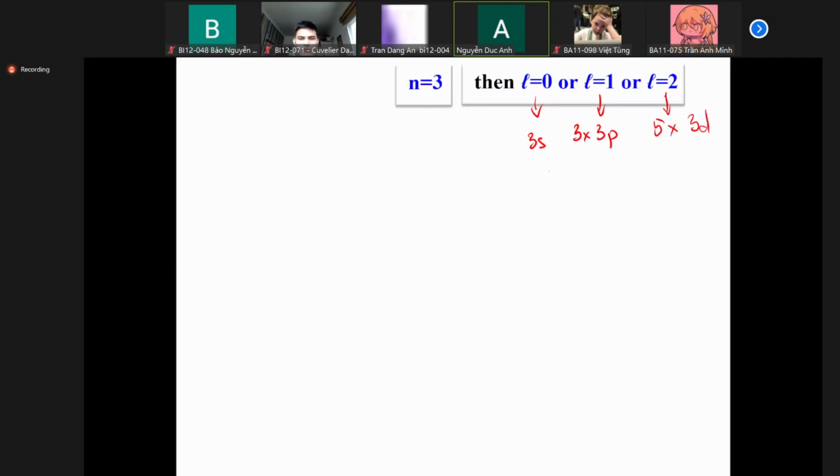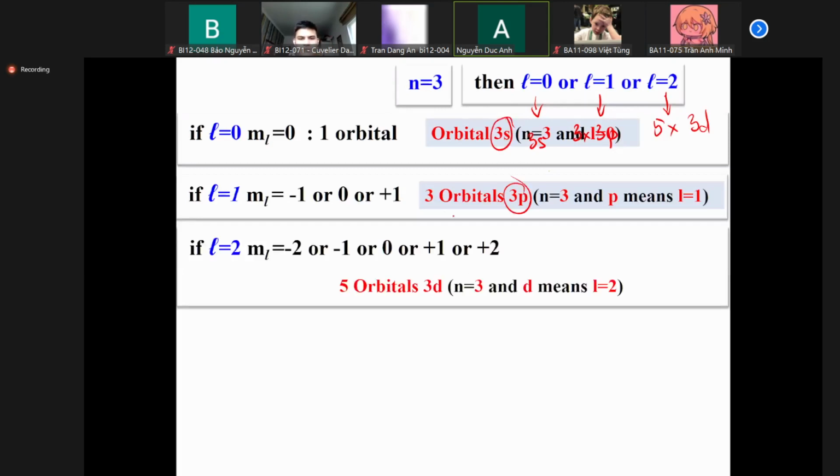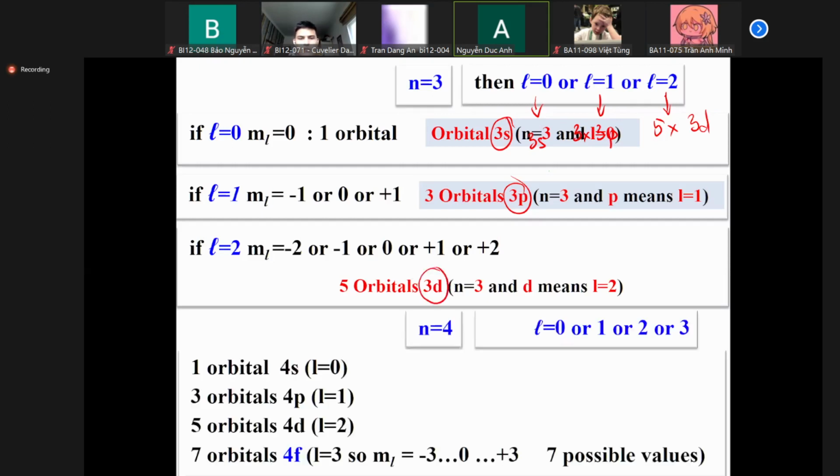L equal to 2 means d orbitals. So 3s, 3 orbitals 3p, and 5 orbitals 3d. Continuing to n equal to 4, now you have 7 orbitals of 4f, something like that.